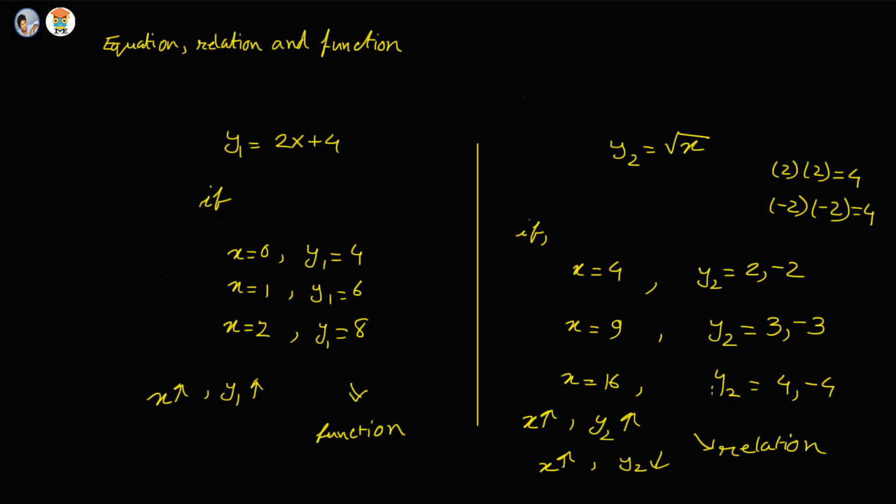Now, what do we understand by function? Here we can write y1 is a function of x. Note that we don't have to write f to express a function. We can write y1 is equal to orange x.